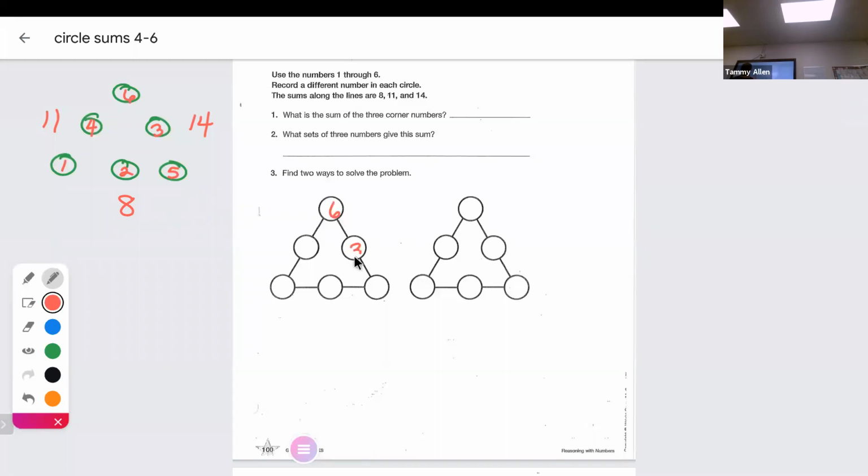If it's that approach, no. So we use 6, 3, and 5 to get 14. Now, use your number tiles and come up with a different combination for 14 instead of 6, 3, and 5. Let's see what that does for us.